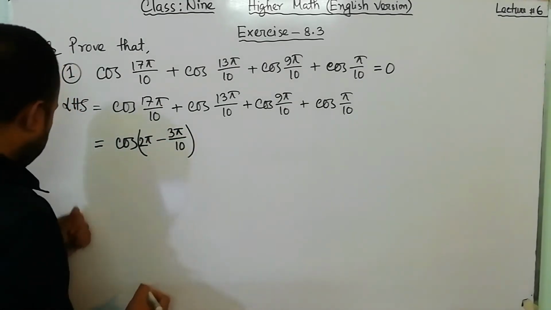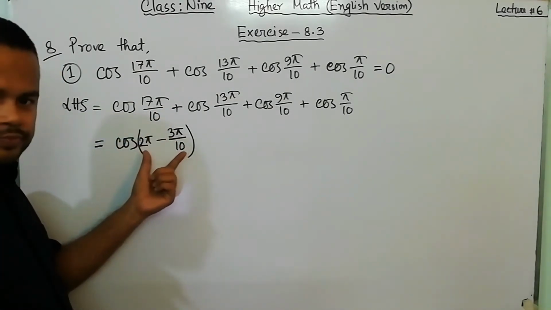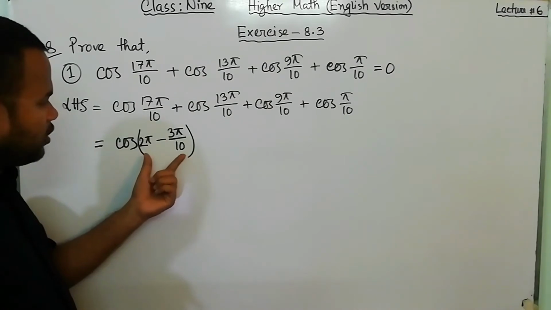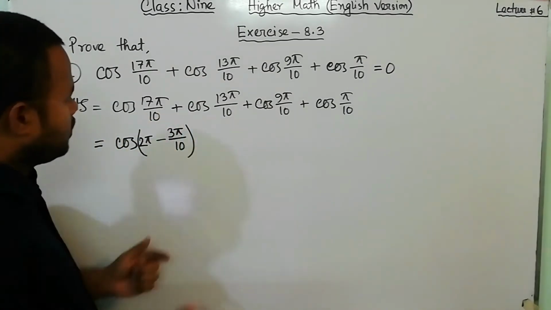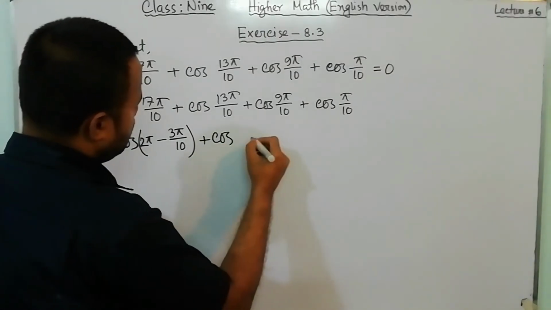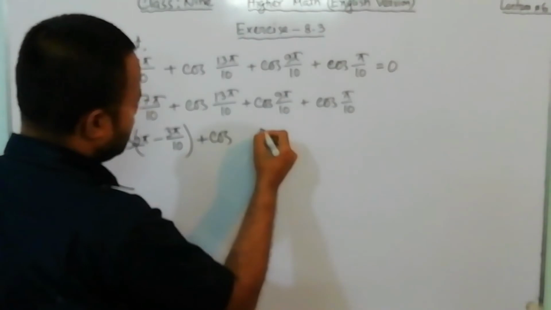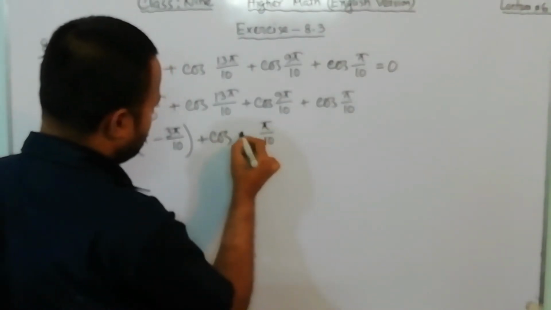So the result will be the same here. If we calculate this, then we will get this angle. Okay, now here plus cos, that we can also write as pi by 10 and here pi.